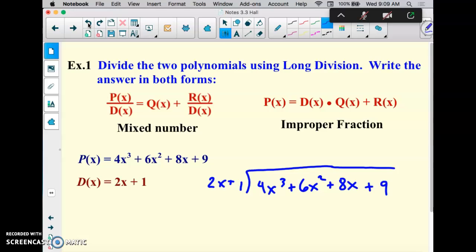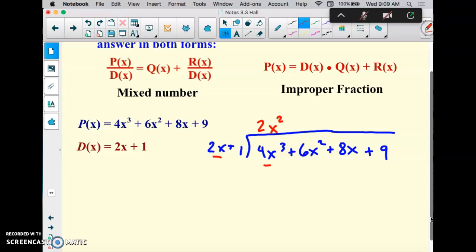Now let's divide. Let's look at the 2x. What times 2x will give me 4x cubed? If I multiply 2x by 2x squared, that gives me 4x cubed.